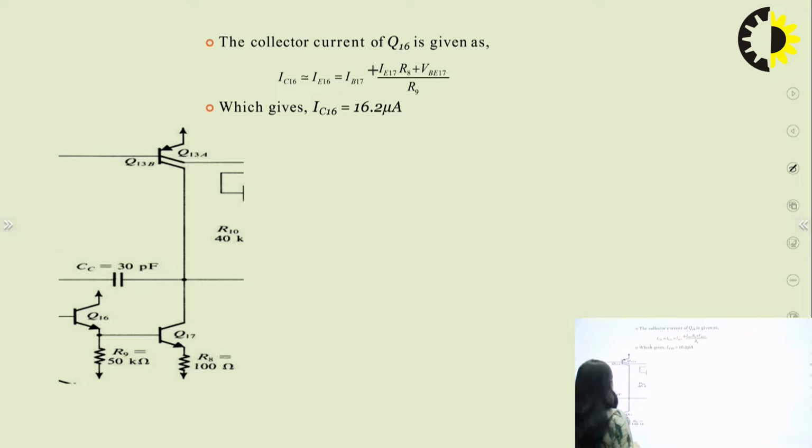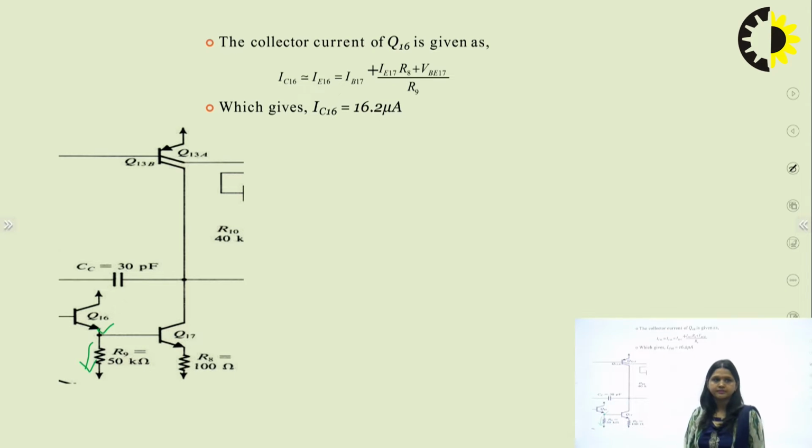So let's see how we can calculate. In this diagram we have to calculate this equation. For that I have to calculate IR9, because this is IB17 and we know the value of IC17. If I divide IC17 by beta, then we will get IB17 directly. So this current component we can calculate directly, but to calculate IR9 we have to apply KVL in this loop.